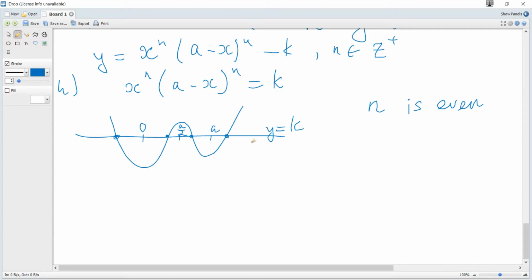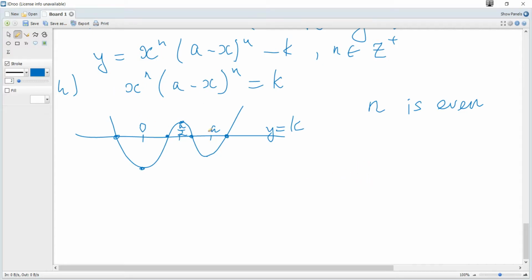And to find a possible range of values for k, we need y coordinates of these minima and this maximum point.